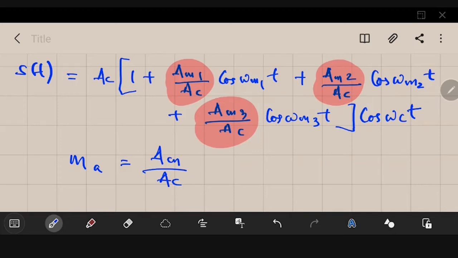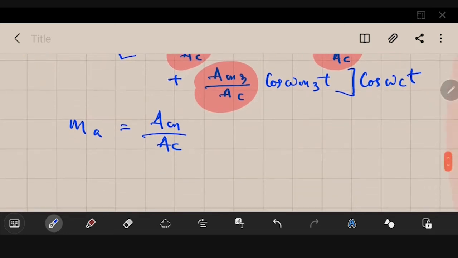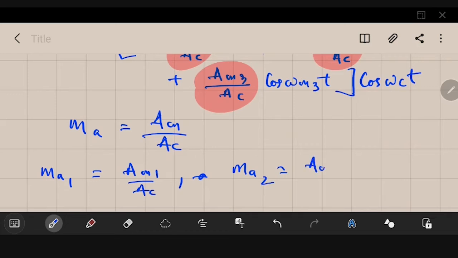So we could write m_a1 is equal to A_m1 by A_c. Similarly, m_a2 is equal to A_m2 by A_c. Similarly, m_a3 is equal to A_m3 by A_c.